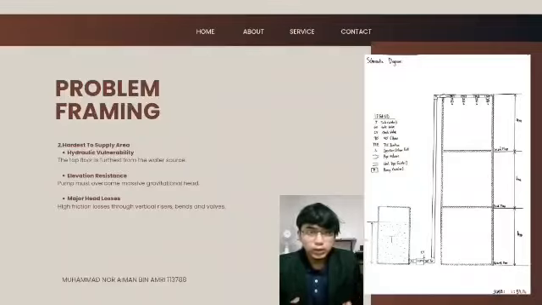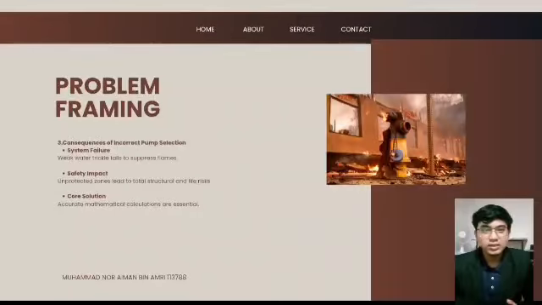At the same time, the fluid faces high frictional head loss as it travels through long vertical risers, bends, and isolation valves. This accumulated resistance results in a severe drop in pressure before the water can even reach the sprinkler nozzle.